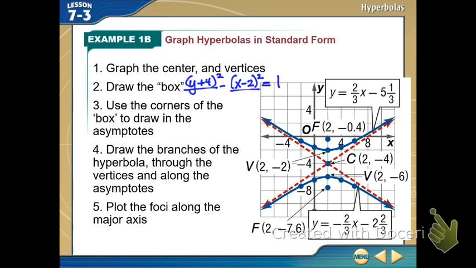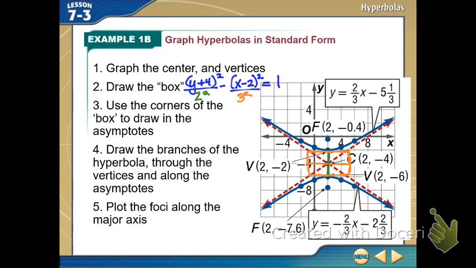Then underneath the Y value, we had a 4. So that was 2 squared. So we went 2 spaces up and 2 spaces down. And underneath our X value, we had a 9, so that's 3 squared. So we went 3 spaces out for X on each side, and that created the box.